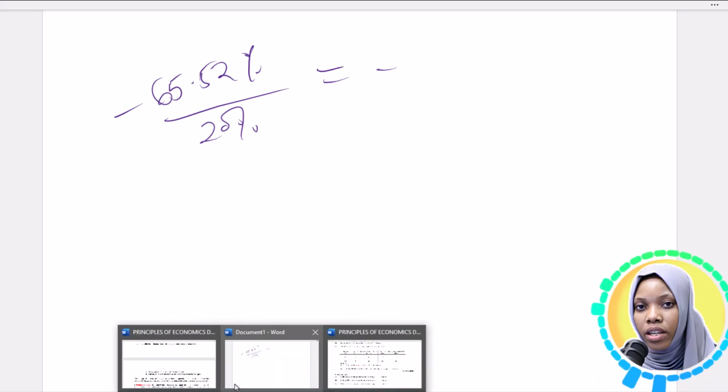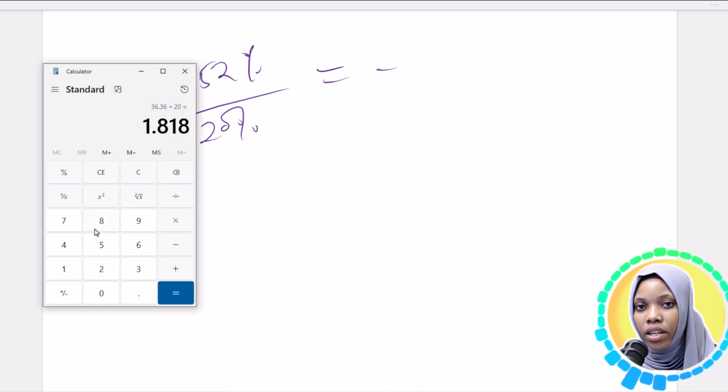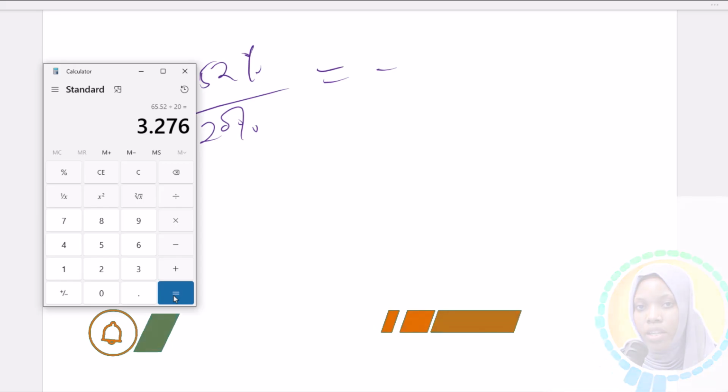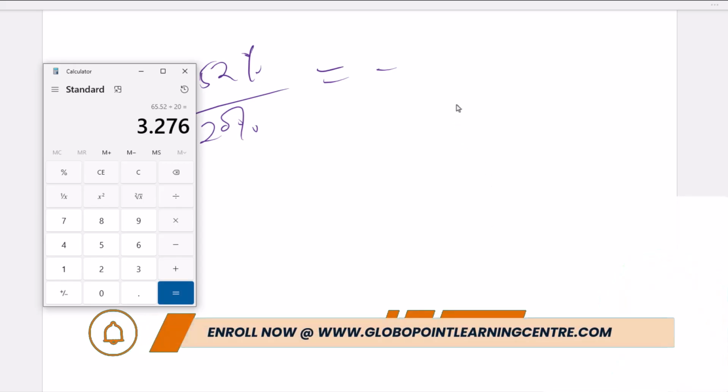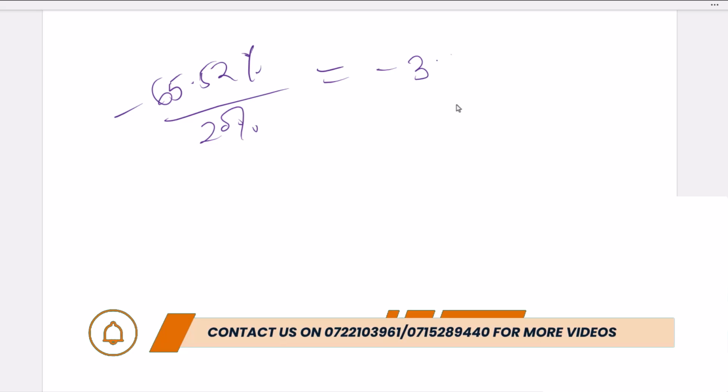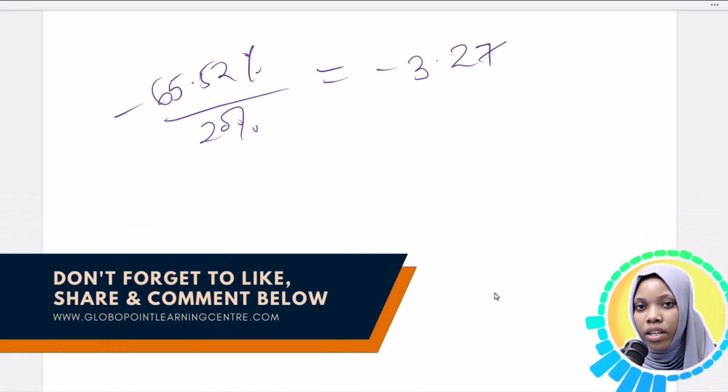Calculator. It's 65.52 divided by 20%, which gives us negative 3.276.